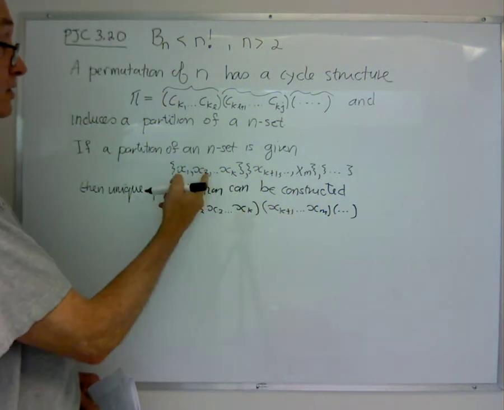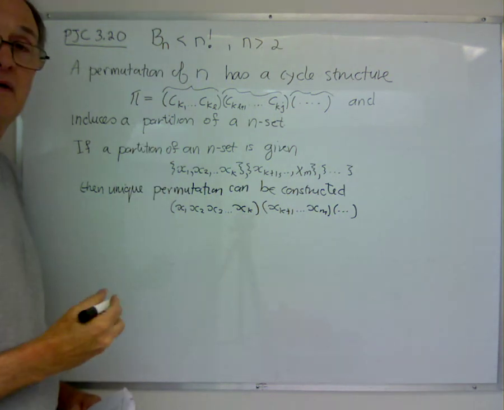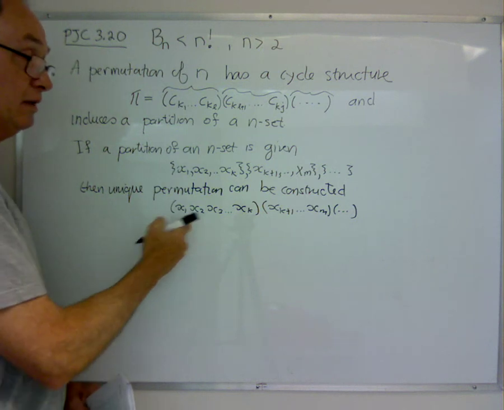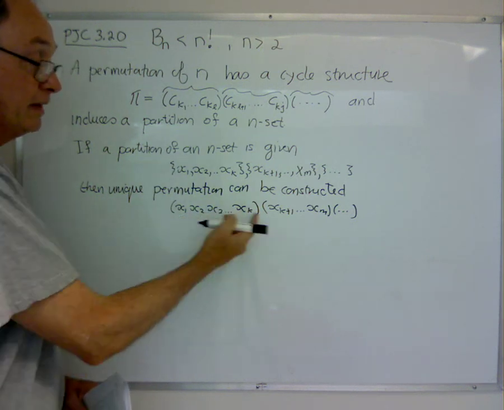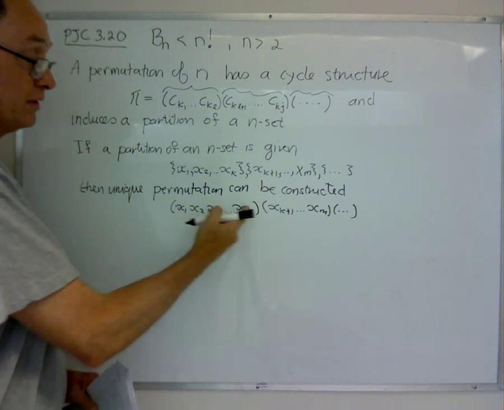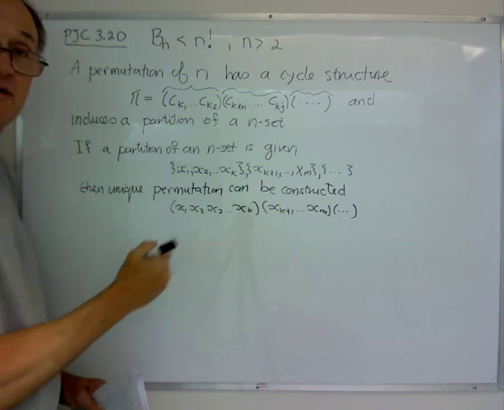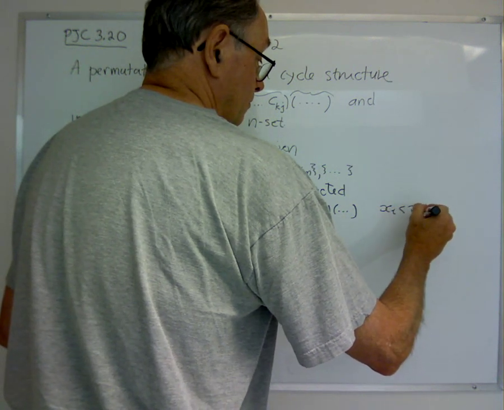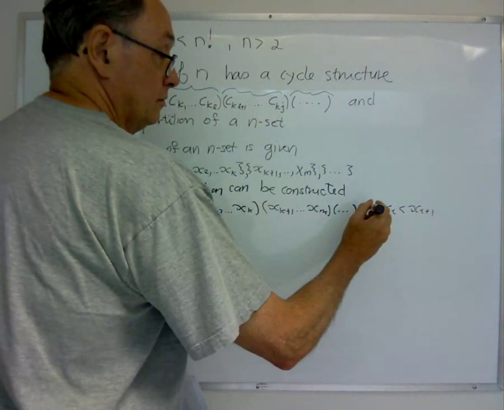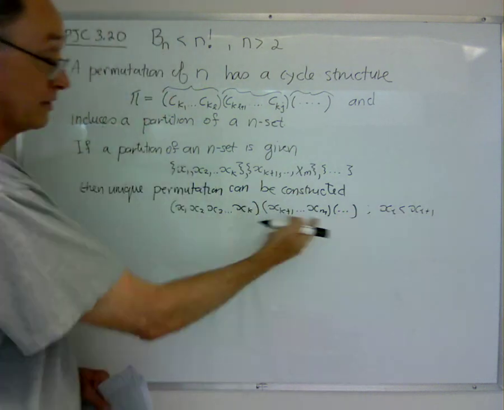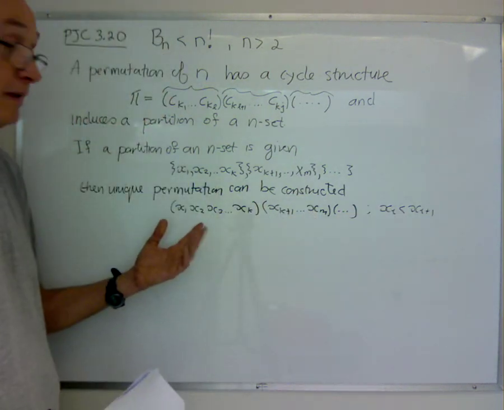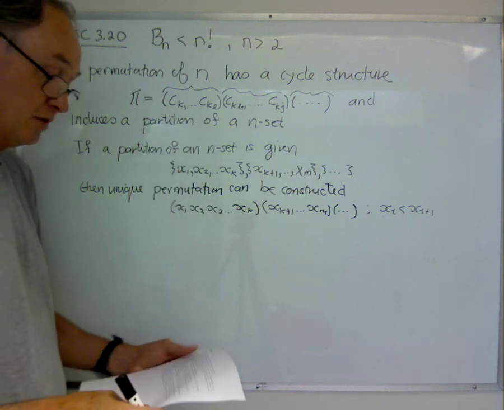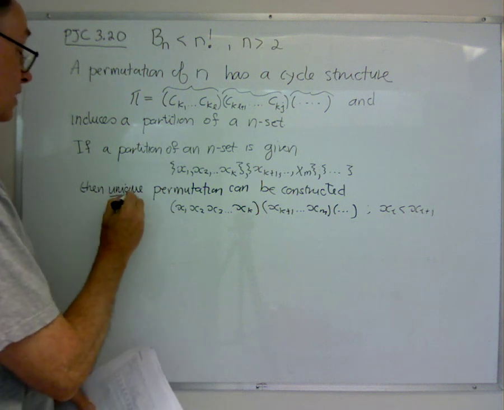So I've taken the parts in the partitioning of the set, made them into cycles of permutations, and the way I make it unique is I just order these elements so that they're in increasing order. Right, I make sure that I've ordered them in that order. I can always do that. Here they're unordered, but when I turn them into cycles I order them. And so you get the unique permutation.